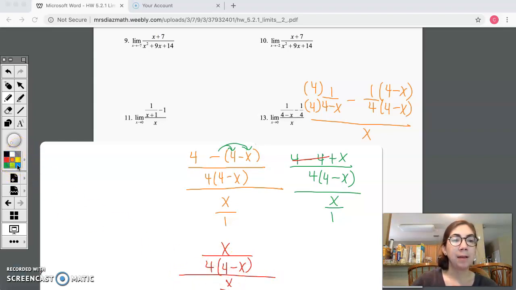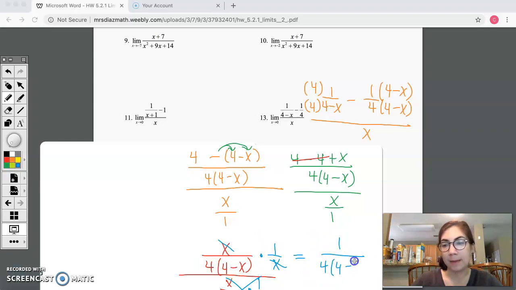Now we can multiply by the reciprocal. So we're going to multiply by 1 over x. Those will cancel, and these cancel too. You see how these x's are going to cancel. You're left with a 1 on the numerator, and then a 4 times 4 minus x on the denominator.